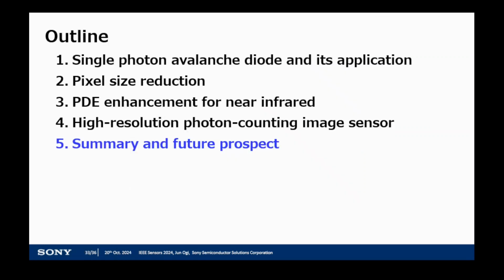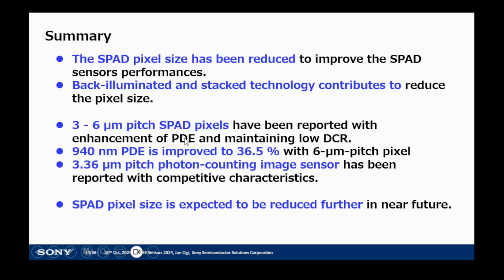Finally, I will summarize my talk. The SPAD sensor has been developed for time-of-flight depth sensors and photon-counting image sensors. The SPAD pixel size has been reduced to improve SPAD sensor performance in the past 10 years. Back-illuminated and stacking technology contribute to reducing the pixel size.